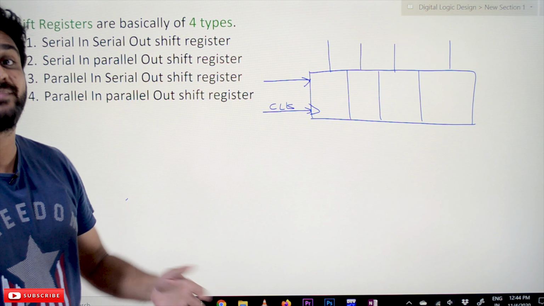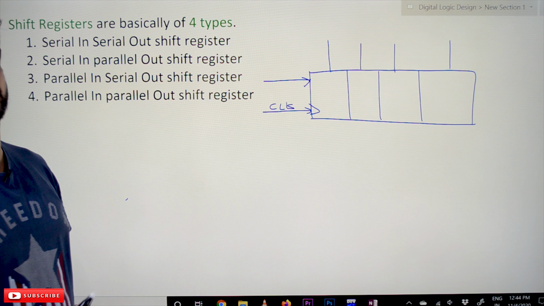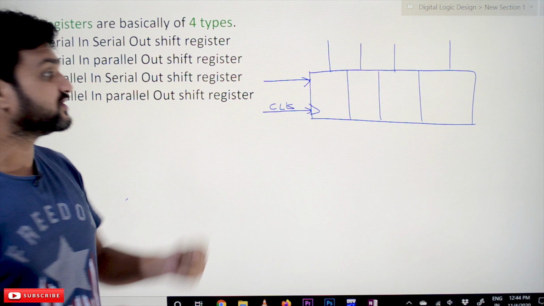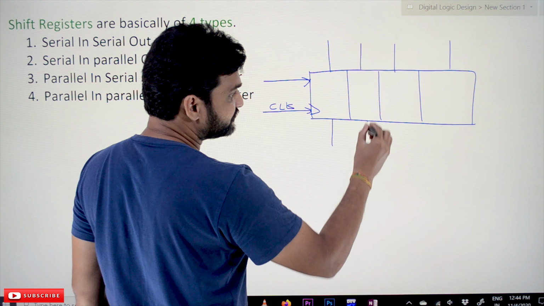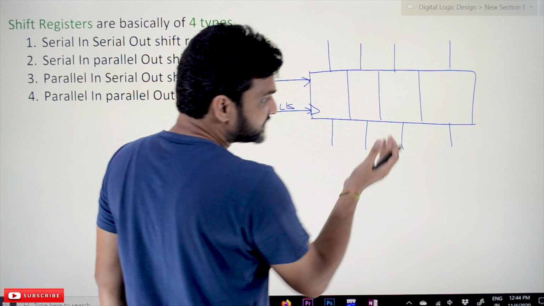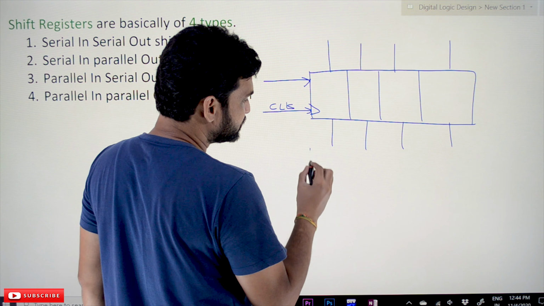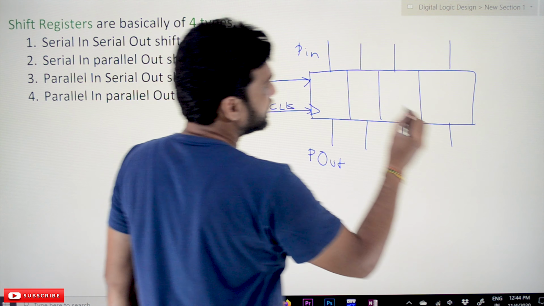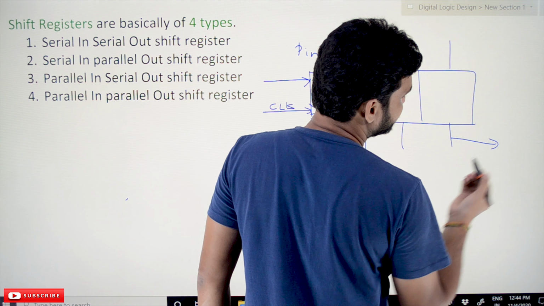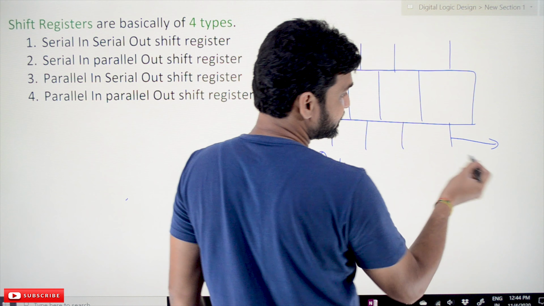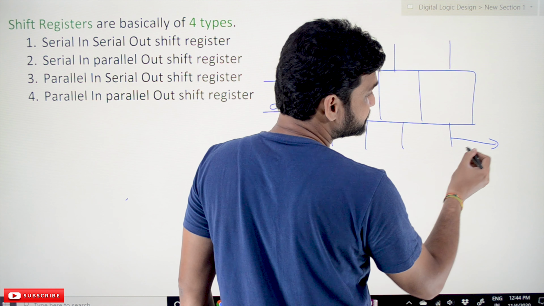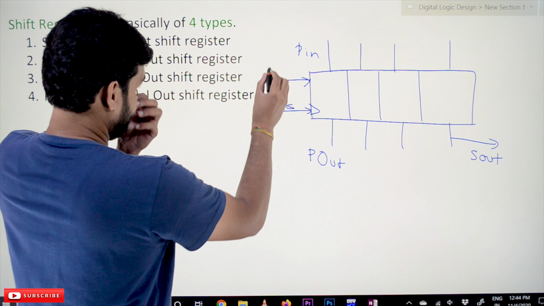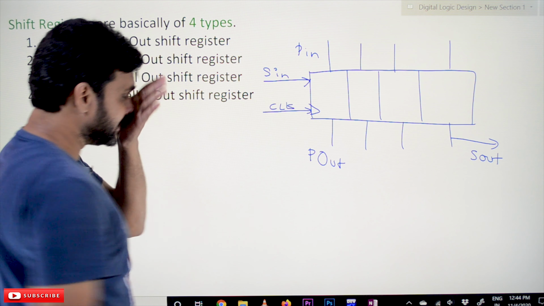In the same way, parallel out and serial out are possible. So the output can be accepted in two different ways. One is parallel out. After shifting, if the output is taken, it is parallel out. So this is P out, this is P in, and if this output is taken, the value that is stored in this has been taken, it is called serial out, and this is serial in.